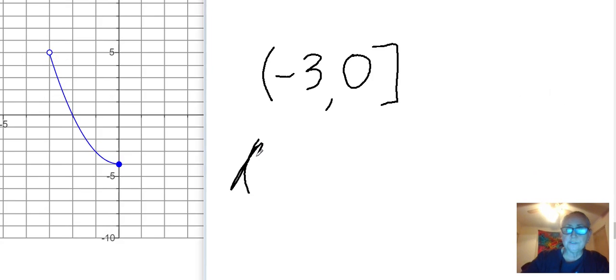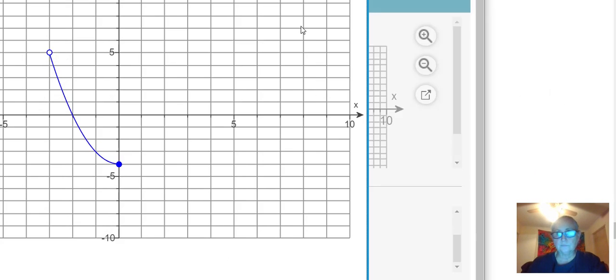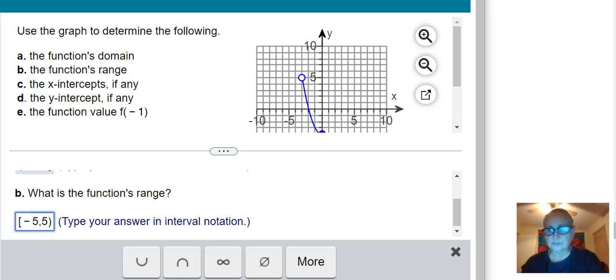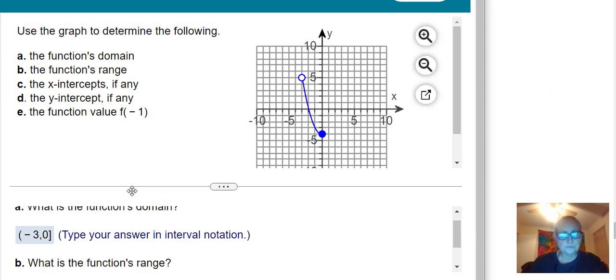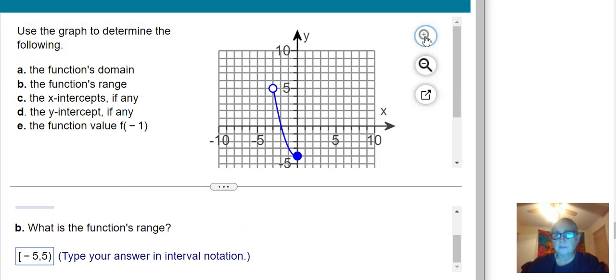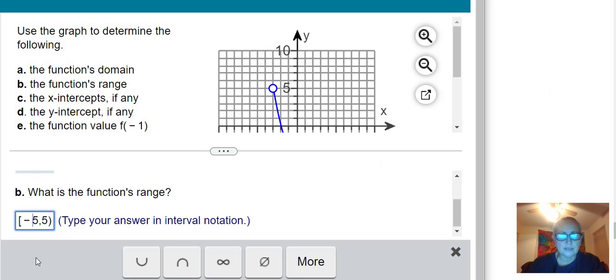Whoops, almost missed it. -5 included, need a bracket, 5 not included, need a parenthesis. Whoops. Let me look. I bet you caught it. That's -4. -4 to 5. Okay. So let's go back and do that right.